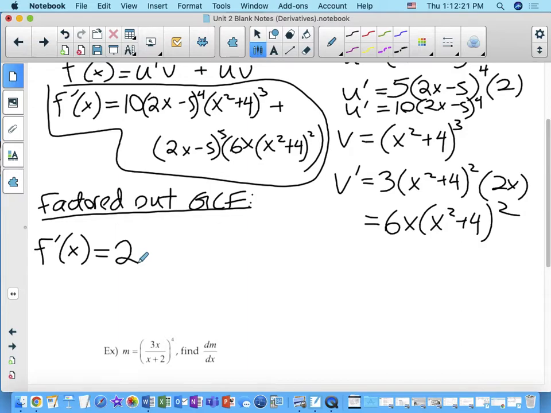Between the 2x minus 5 to the 4 and the 2x minus 5 to the 5, there's 4 of them that they share, right? So we've got 2x minus 5 to the 4. And then between the x squared plus 4 to the 3 and the x squared plus 4 to the 2, there's 2 that are shared. Okay? And then we have to say, okay, what's left over?